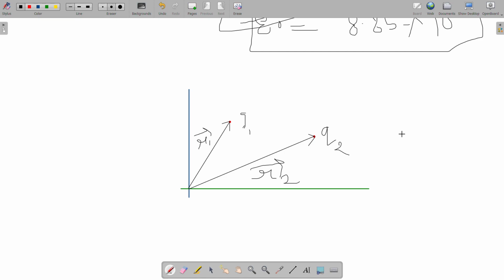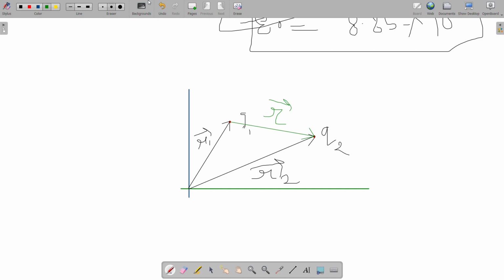Now we have to find the relative position vector between them. These two do not represent the distance between the two charges, and I hope you know about the vector law of addition. We will use the triangle law and find the relative position vector between these two. The green line which you see here is what we are trying to find, and we will call this R, simply R vector.